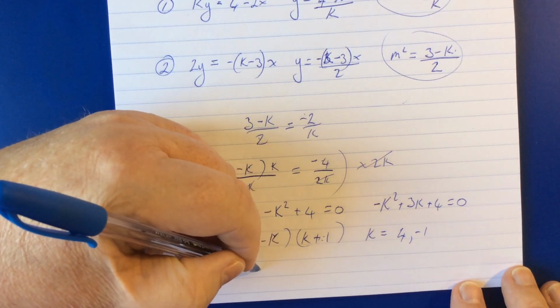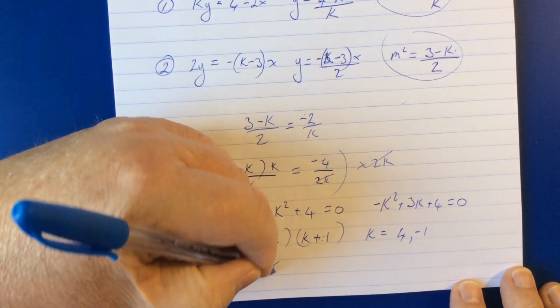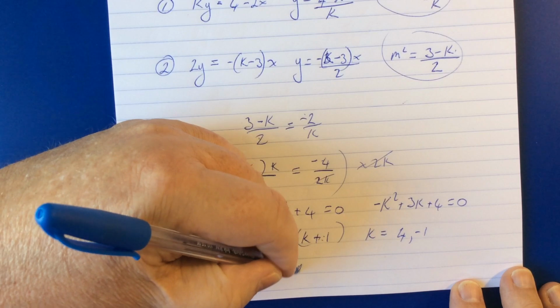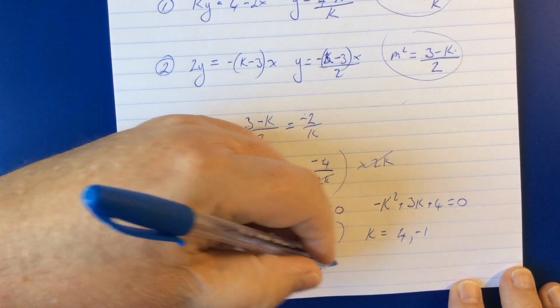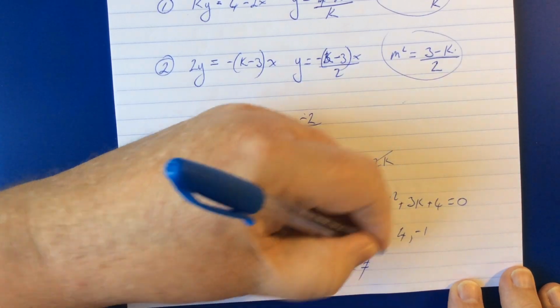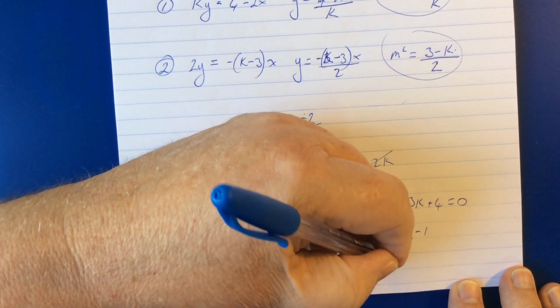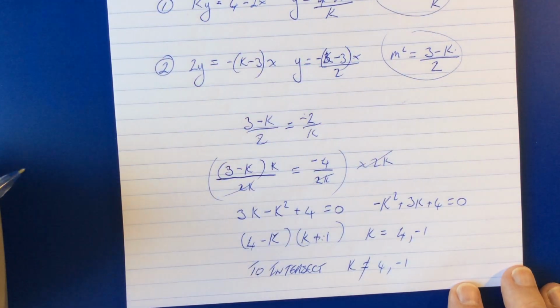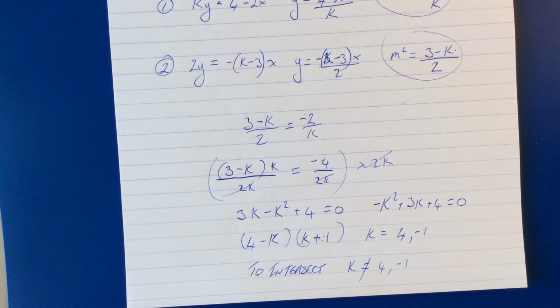So in order for them to intersect, k cannot equal these two. And that's our solution. A bit of exciting algebra there, but it's all based on very simple ideas about linear equations.